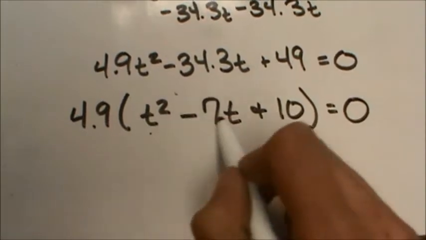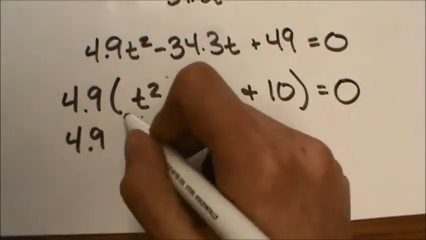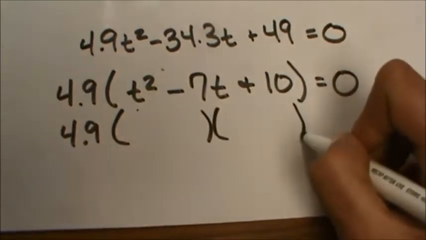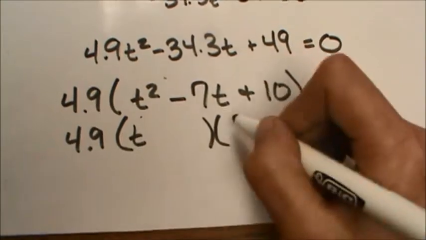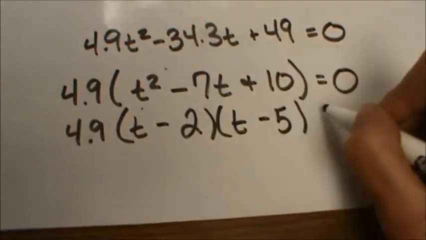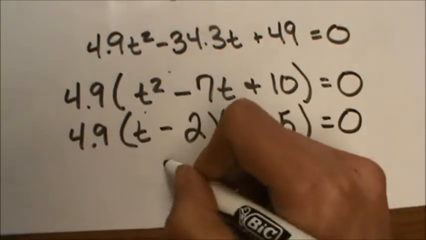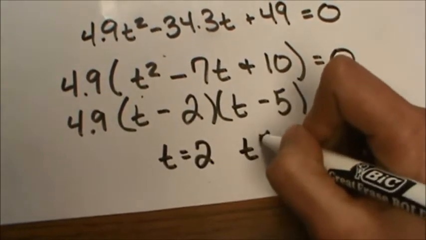Look at how nice that turned out. This is now something that's pretty easy for us to factor. Two numbers that multiply to be 10 and add to be negative 7: negative 2, negative 5.